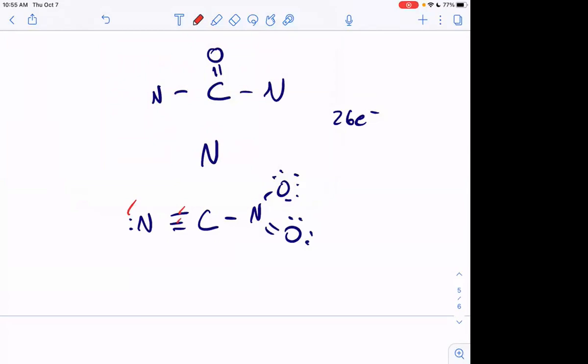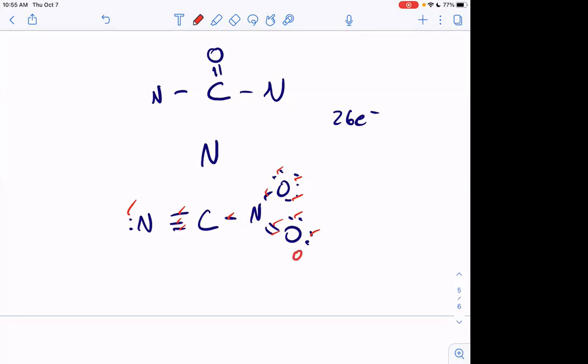2, 4, 6, 8, 10, 12, 14, 16, 18, 20, 22, 24, 26. Carbon gets 4 bonds. Well, the one nitrogen gets 3 bonds. The other one's actually got 4 bonds. The oxygen gets 2 bonds, but one's got 1 bond. Those are just guidelines. You can't satisfy everything. You're looking at formal charges though.